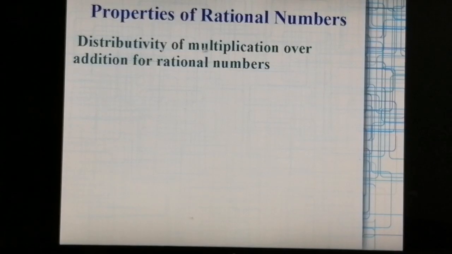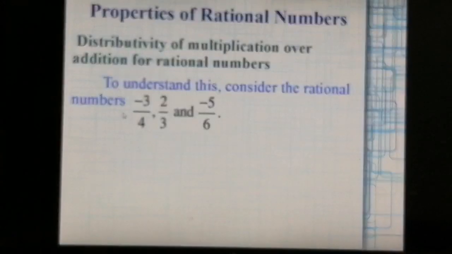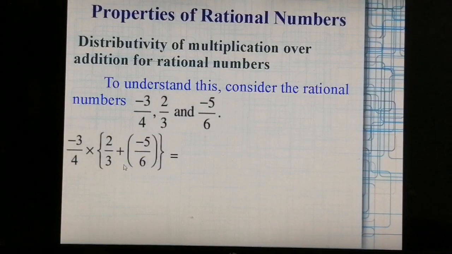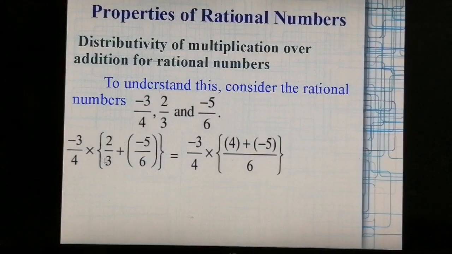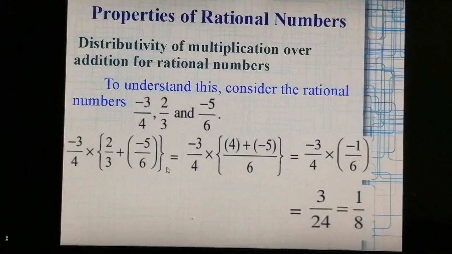Now the last property is distributivity of multiplication over addition for rational numbers. To understand this, consider three rational numbers, -3/4, 2/3 and -5/6. Here there is multiplication, and in the bracket we add these two rational numbers. According to the BODMAS rule, we need to add first and we get this.